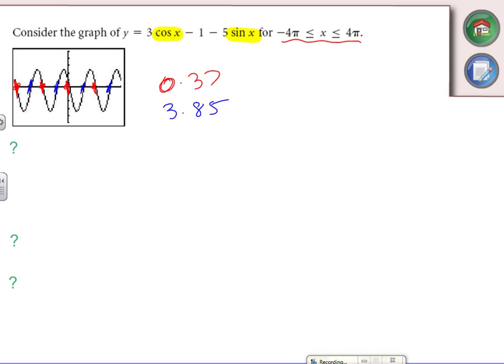The period on this whole equation is going to be a period of 2 pi. Which means between every red solution is going to be 2 pi. Between every blue solution is going to be 2 pi.